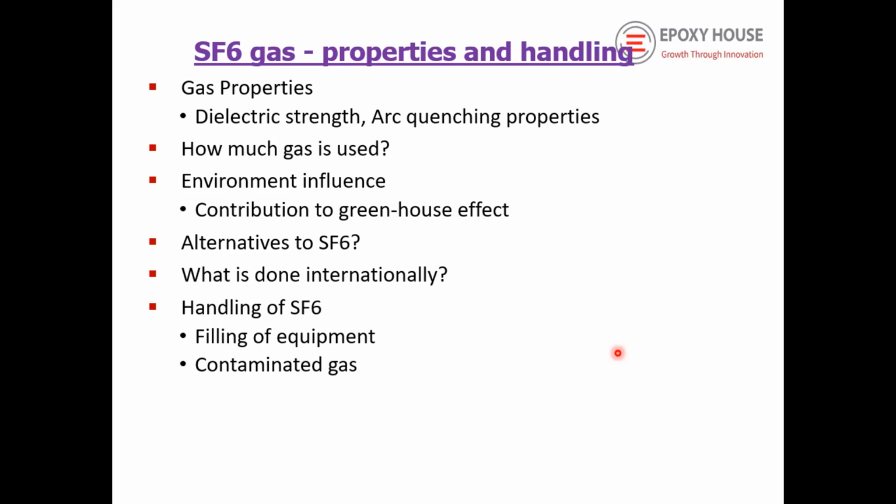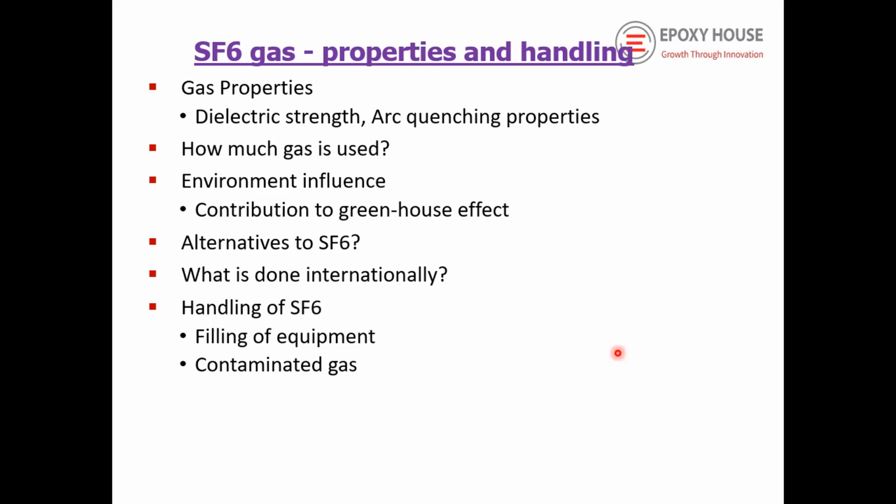And nowadays people are thinking of going for new gases. New gases means there are a few fluorine-based gases, nitrofluoric, fluoroketone gases, which some manufacturers are using.